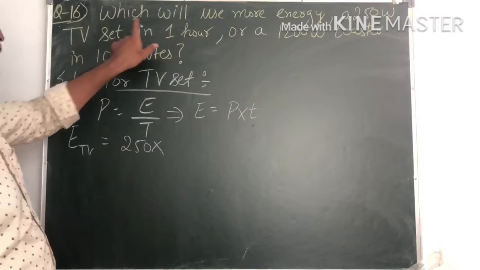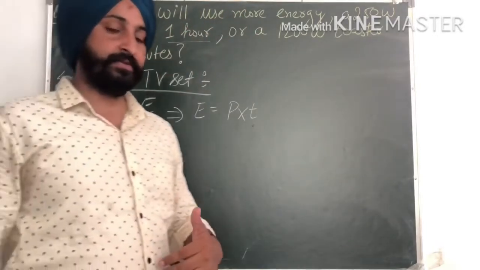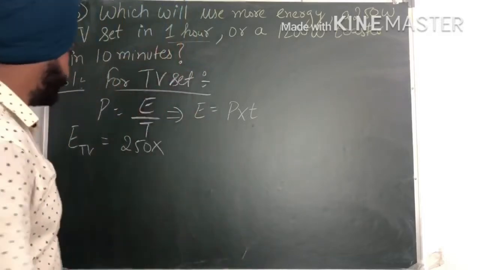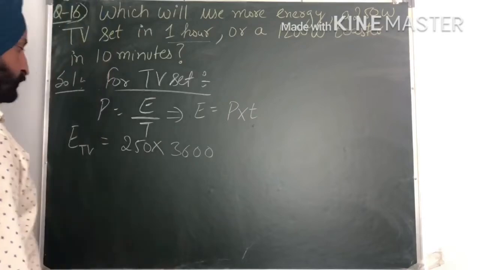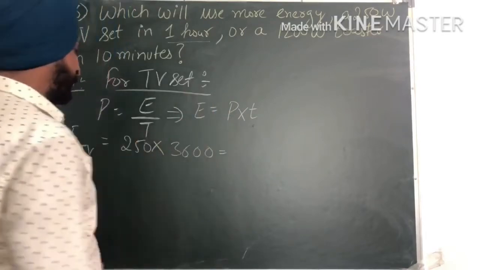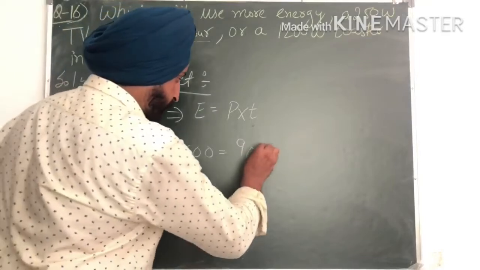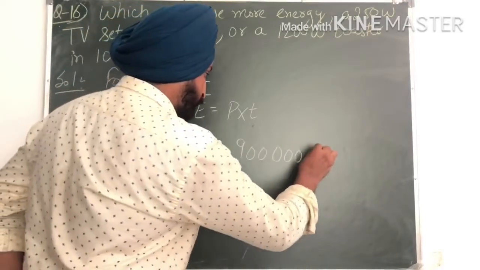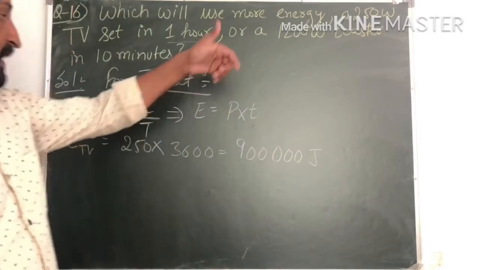The TV set is operated for 1 hour. So we will be converting 1 hour into seconds, and that would be equal to 3600 seconds. So the energy used by the TV set would be equal to 900,000 joules. So this will be the energy used by the TV set.